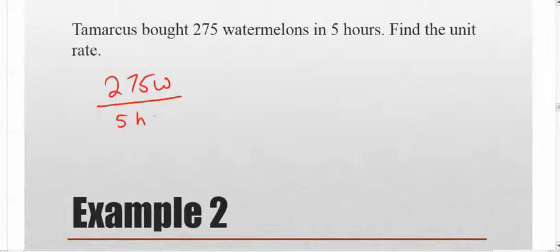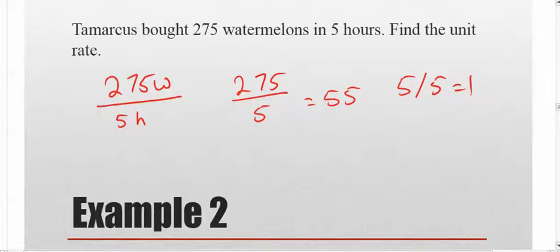And then you do 275 divided by 5, which equals 55. And then 5 divided by 5 equals 1. So that leaves us with Tamarcus bought 55 watermelons per hour.